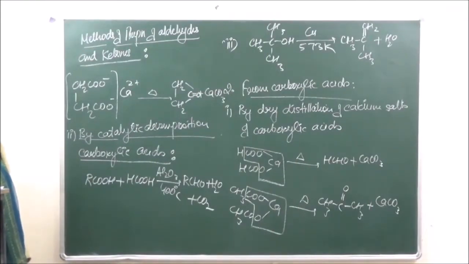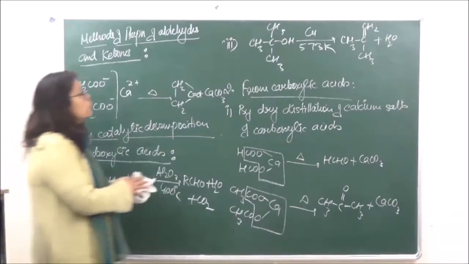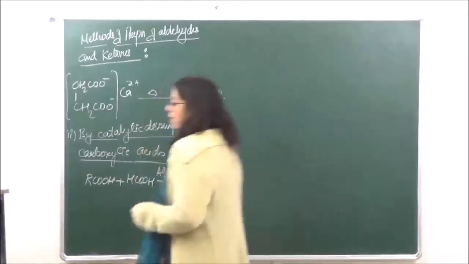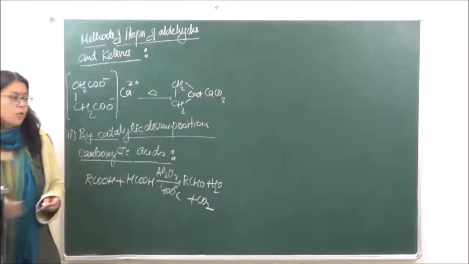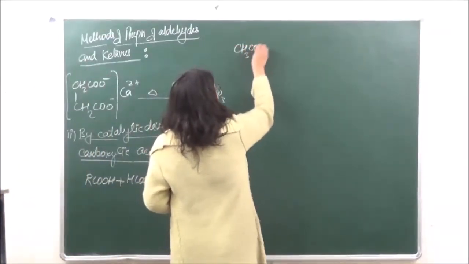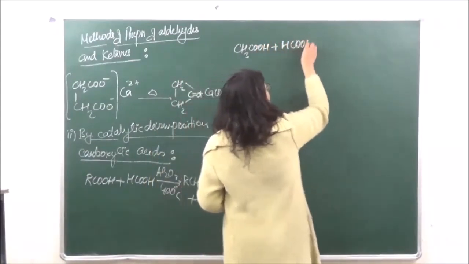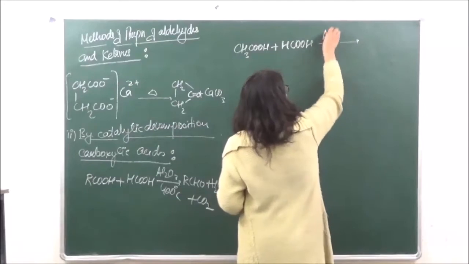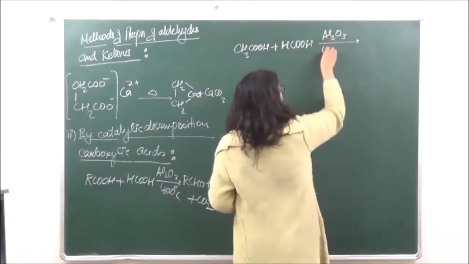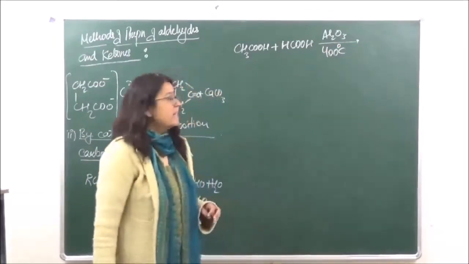Okay? So this is how we can do the catalytic decomposition. Now if we are taking the molecule CH3COOH, let's take an example. We are taking one acetic acid and formic acid, alumina at 400 degrees Celsius.